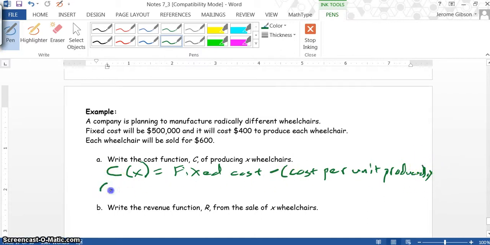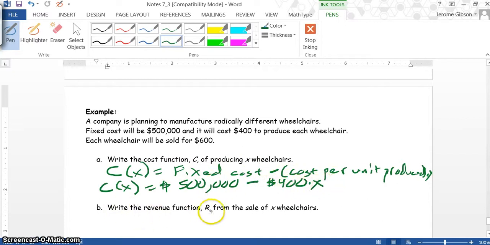Now what we're going to do is substitute. The fixed cost is $500,000 plus the cost per unit produced is $400, and then it'll be times x, because remember this is times x. Now it says write the cost function C of x of producing x wheelchairs, which we have here. It's 500,000 plus 400 times x.